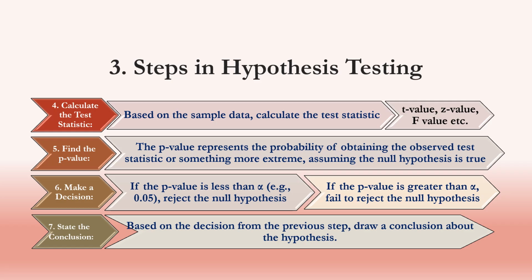If the null hypothesis is not rejected, we conclude that the data does not provide enough evidence to support the alternative hypothesis. In summary, these steps connect the result of the hypothesis test to the research question, giving the final answer to the study.